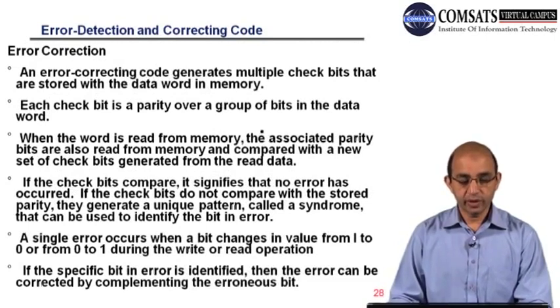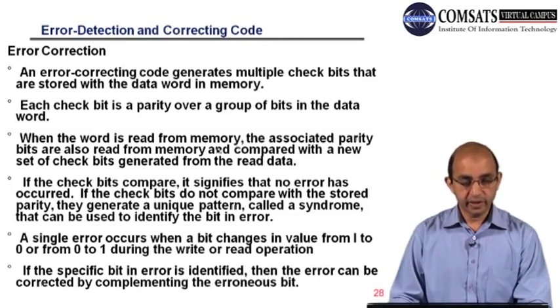Whenever we talk about error correction, we require an error correcting code. Here we have the algorithm: each check bit is a parity over a group of bits in the data word.